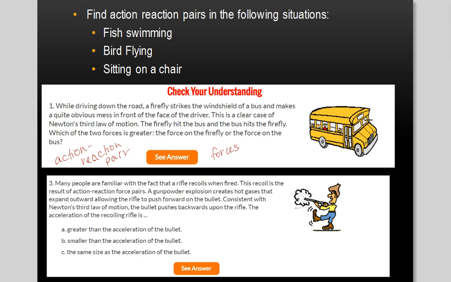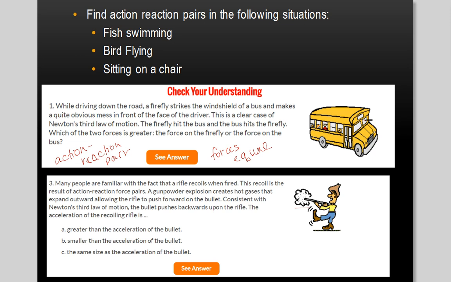No, mass does dictate force. The more mass you have, the more force you'll have. No, the force is the same. It's a different acceleration. Wait, so if the more mass you have, the more force you have, then the bus has more force, right? No, no, no, no, no. The forces are equal. The masses are different, and therefore the accelerations they experience are much different.